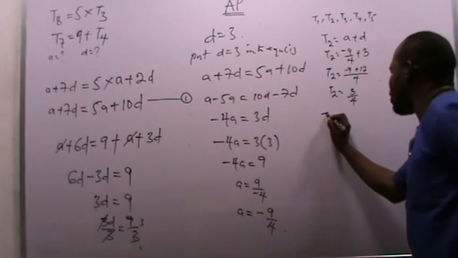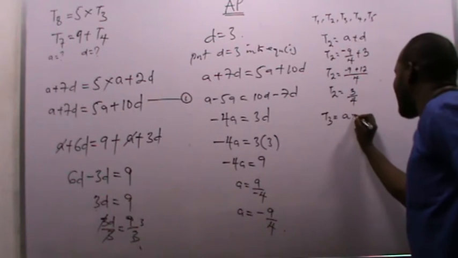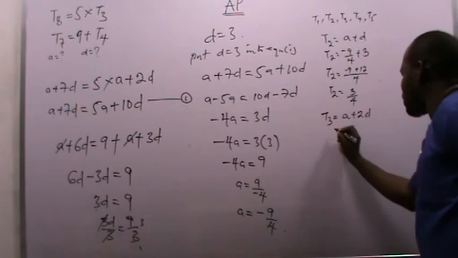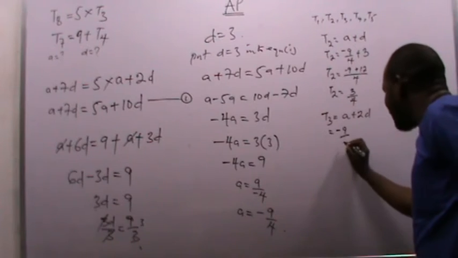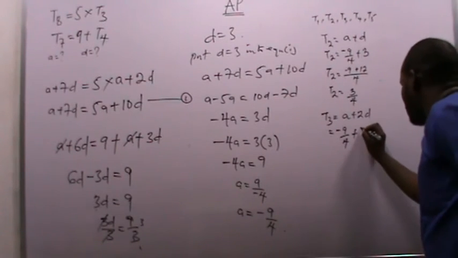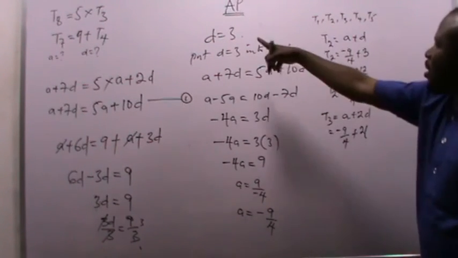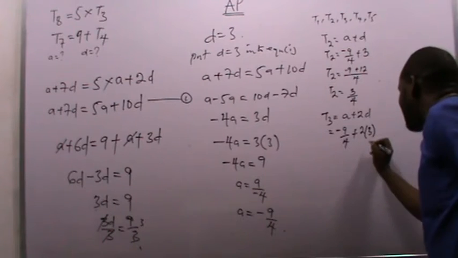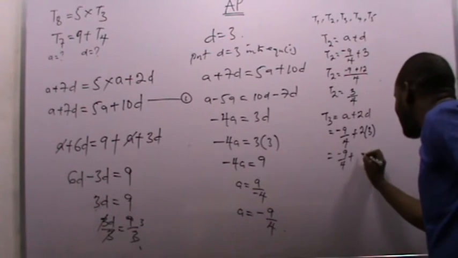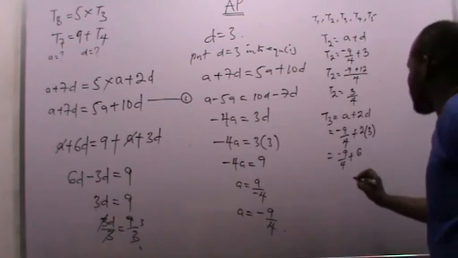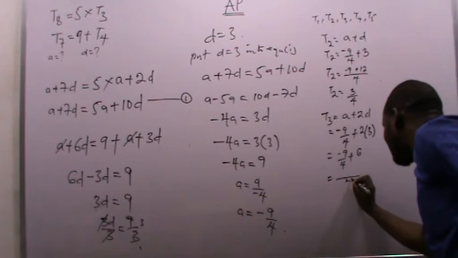You go again, your T3. T3 will be A plus 2D. So what is our A? A is minus 9 over 4 plus 2 times D. What is our D? 3. So it means minus 9 over 4 plus 6. So what do we have? LCM 4.